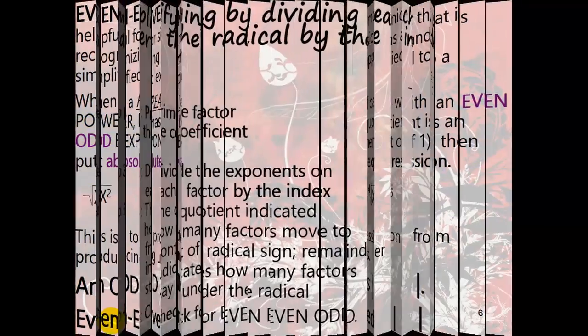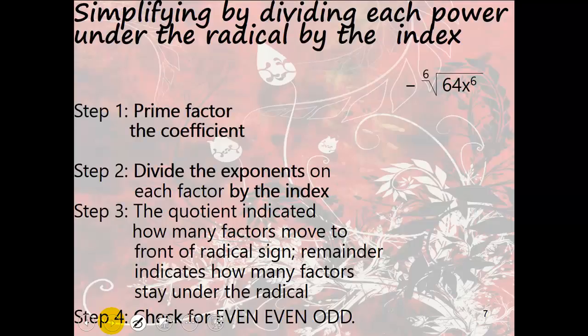So let's try and do a couple of these. 64, I'm going to prime factor it, and I get 2 and 32. This is going to end up being all 2's.